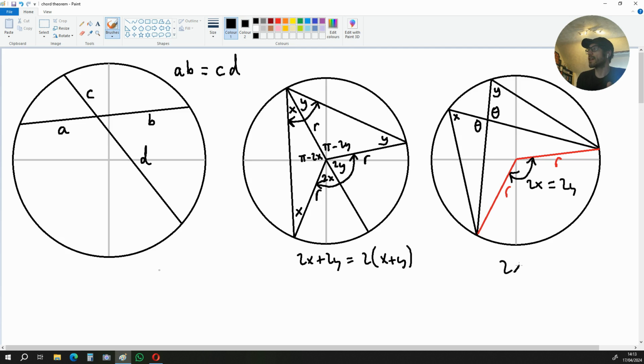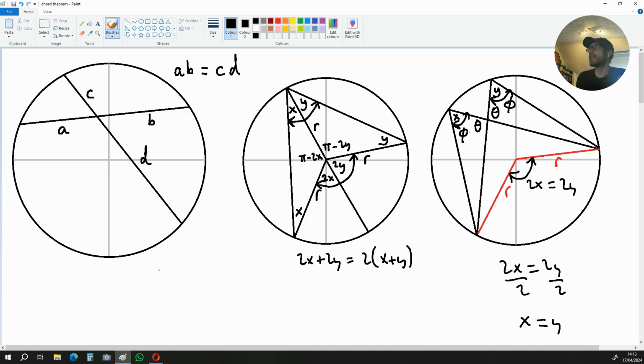So if 2x is equal to 2y, and we divide both sides of this equation by 2, we get x is equal to y. So we've shown that the angle up here is the same as the angle over here. Now let's call these two angles phi.